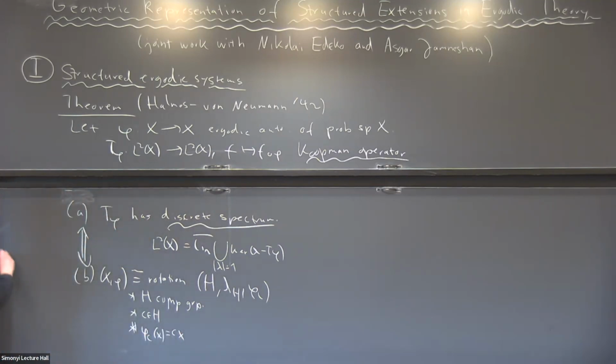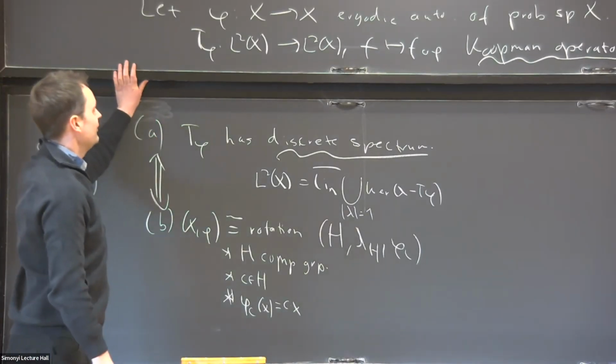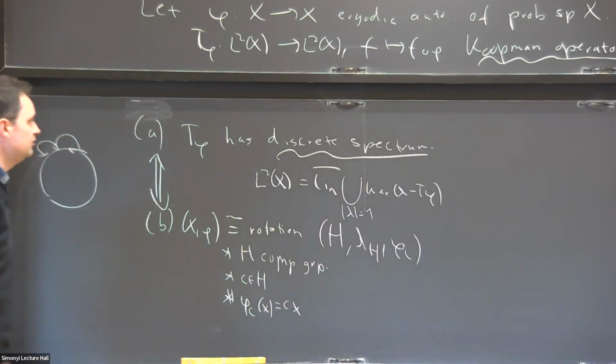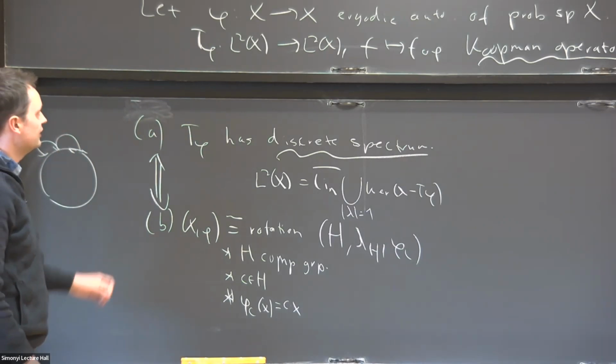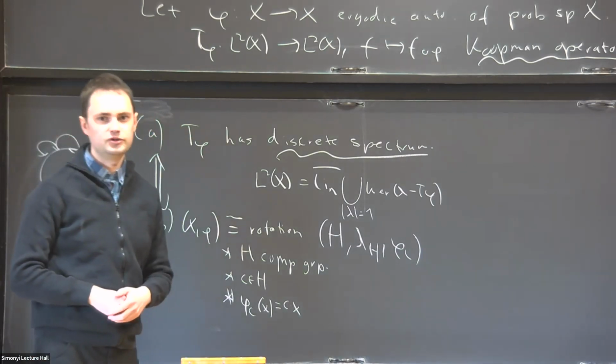So for example, you take a unit circle and you rotate every element by the same angle. Okay, so this was a very important theorem in the history of ergodic theory, it inspired many new results, and it also has generalizations to group actions, which I will come to in a moment.